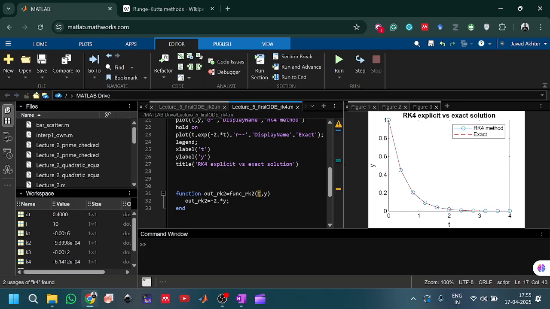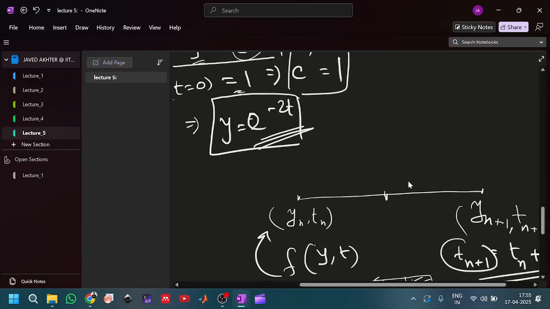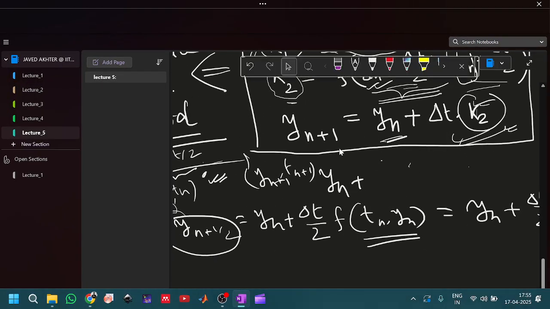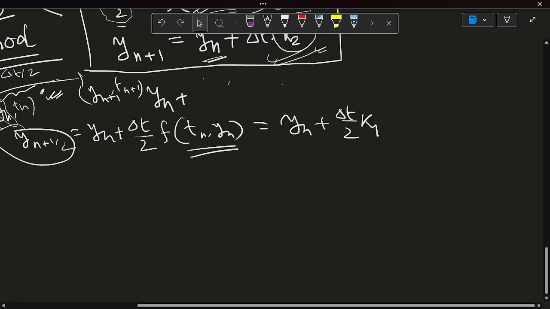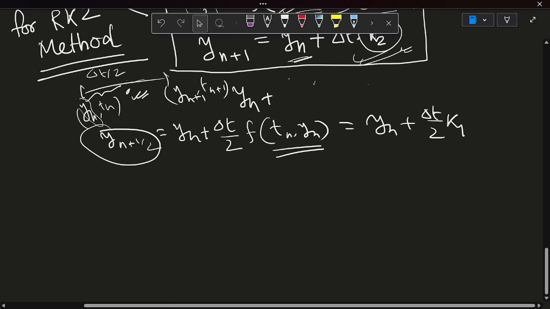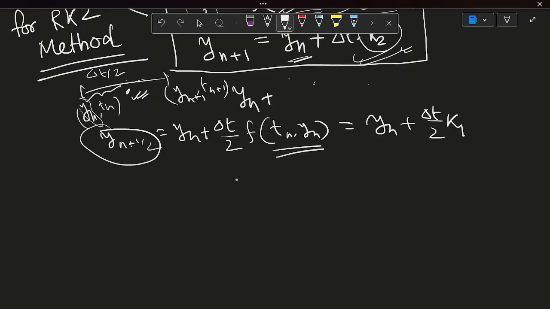In case of Euler and RK2 method, how can we know the order of error? So let me show you that. In Euler method, what are you calculating? You are calculating yn plus 1 equal.